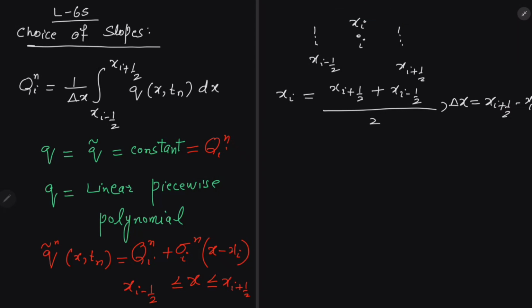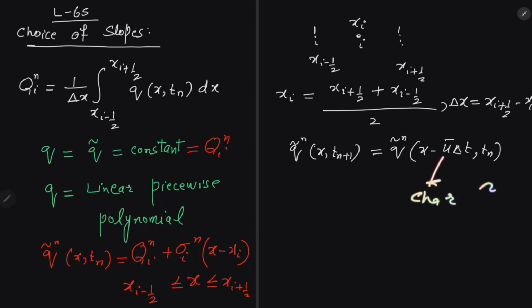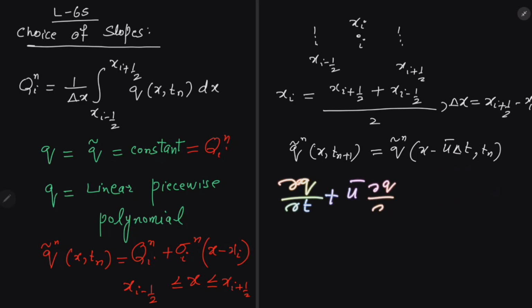We know from the Riemann problem that the new value Q^{n+1} can be obtained by taking x minus u bar Δt at t_n. The new value should be equal to the value at x minus u bar Δt, which is a characteristic, plus u bar partial q by partial x equals 0.